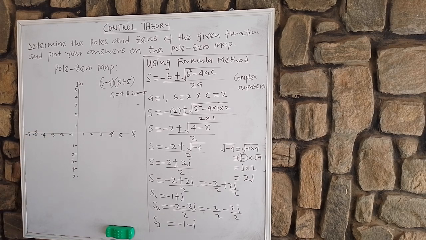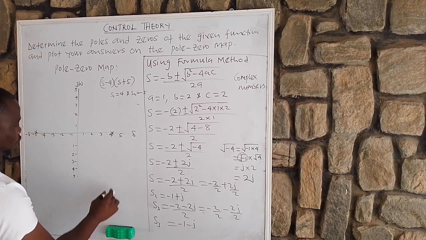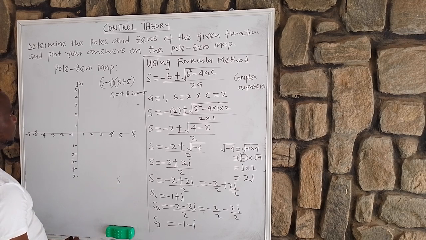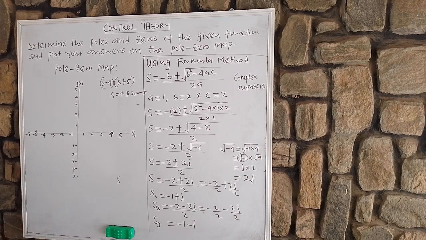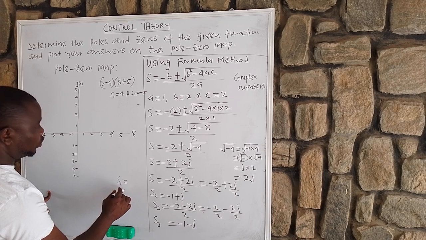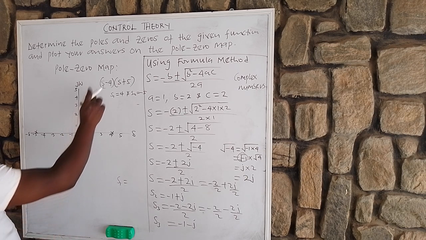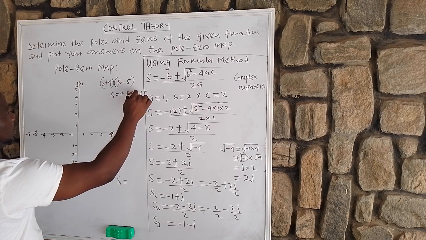Then when we come to the poles, sorry, here is plus and here is minus, so here should be plus.